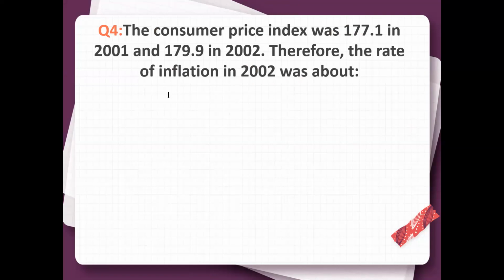In order to calculate the change in CPI from one year to another, we take the second year's CPI, 2002, which is 179.9, minus the previous year's CPI, which was 177.1, and we divide this value by 177.1.